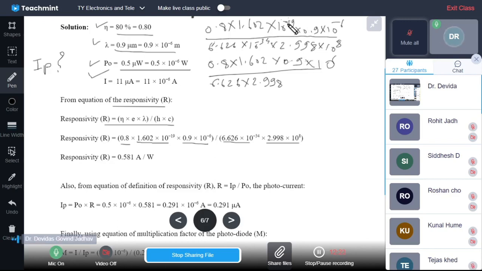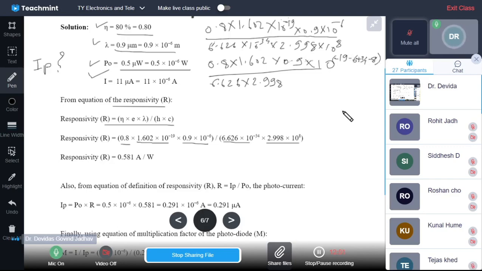So numerator powers are minus 19, minus 6. Denominator power minus 34 goes into numerator, becomes plus 34. Denominator power plus 8 goes into numerator, becomes minus 8. So there are 4 numbers: minus 19, minus 6, plus 34, minus 8. So 3 numbers are minus and 1 is plus.